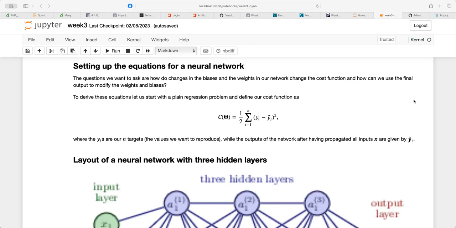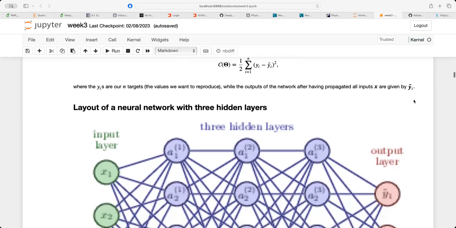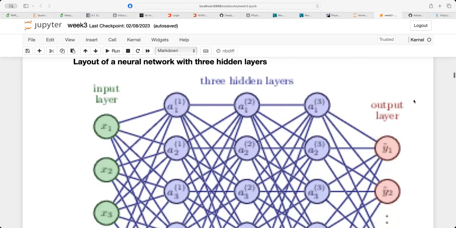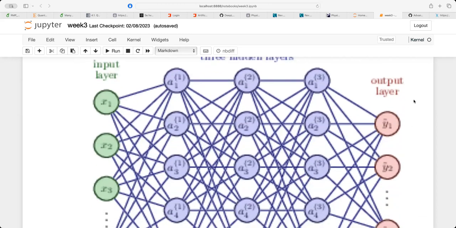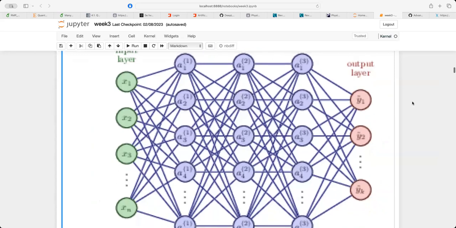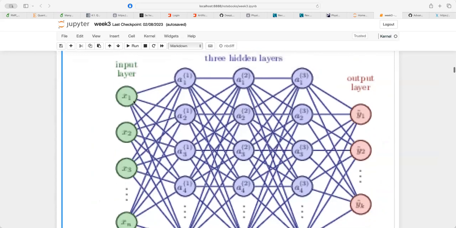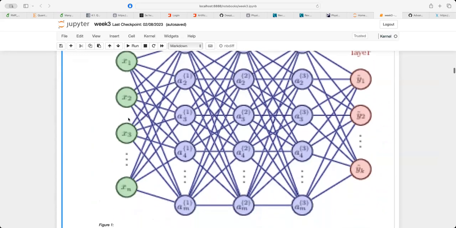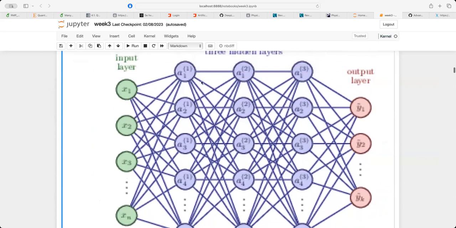So the layout, as we discussed last time, is a typical neural network. We will have some input layers with input parameters, x1 down to xn. These are the hidden layers. And then there is an output layer. So we have 3 hidden layers and an output layer.